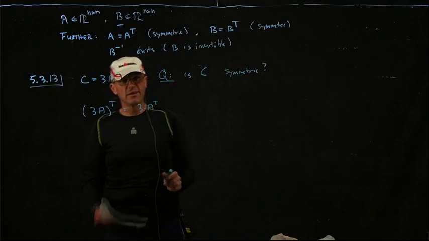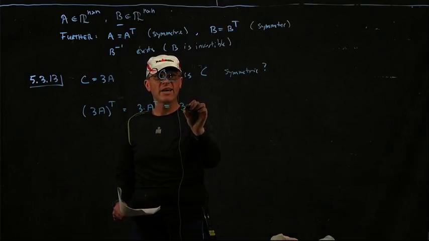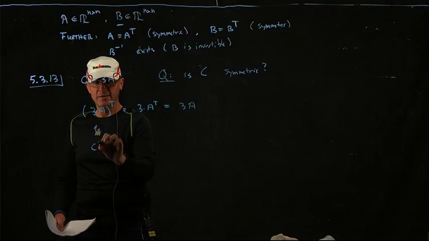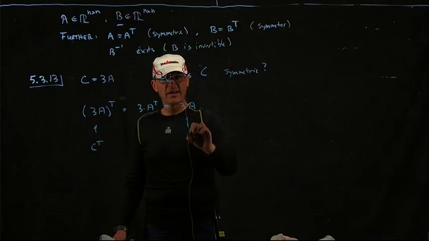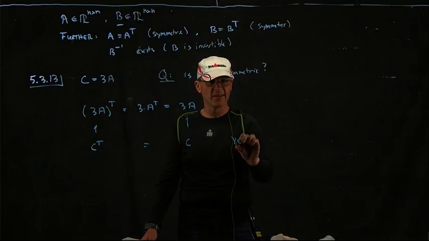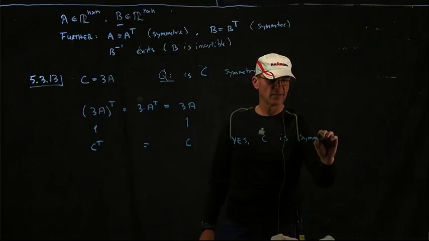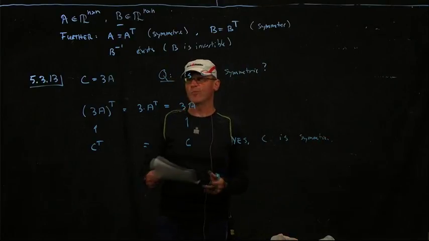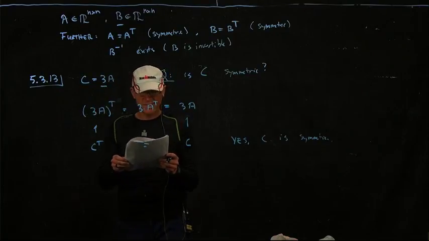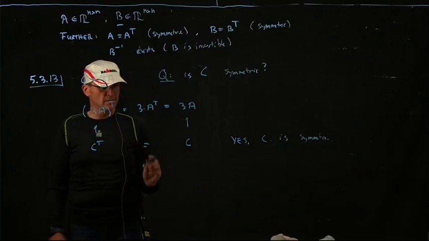So this is 3 times A transpose, and A transpose is A. So C transpose is C, and of course they're equal. So the answer is yes, C is symmetric. Multiplying a matrix by a scalar quantity doesn't change the symmetry property.